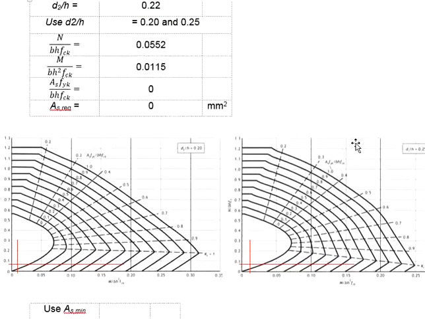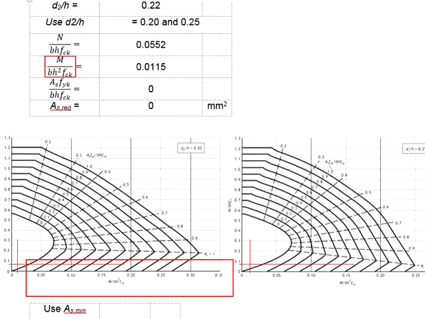With that understood, let us look into the chart. We first deal with the D over H equals to 0.2. The y-axis represents the NED divided by BH FCK, and the x-axis will be due to the moment.